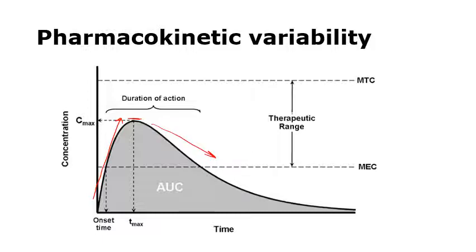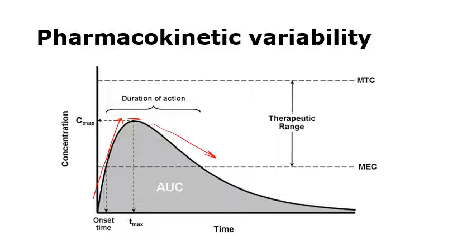The life of pharmacists who work in the pharmacokinetic area will be much easier if the plasma profile of a drug could be demonstrated to be similar among patients receiving the same dose regimen. However, this is not true.